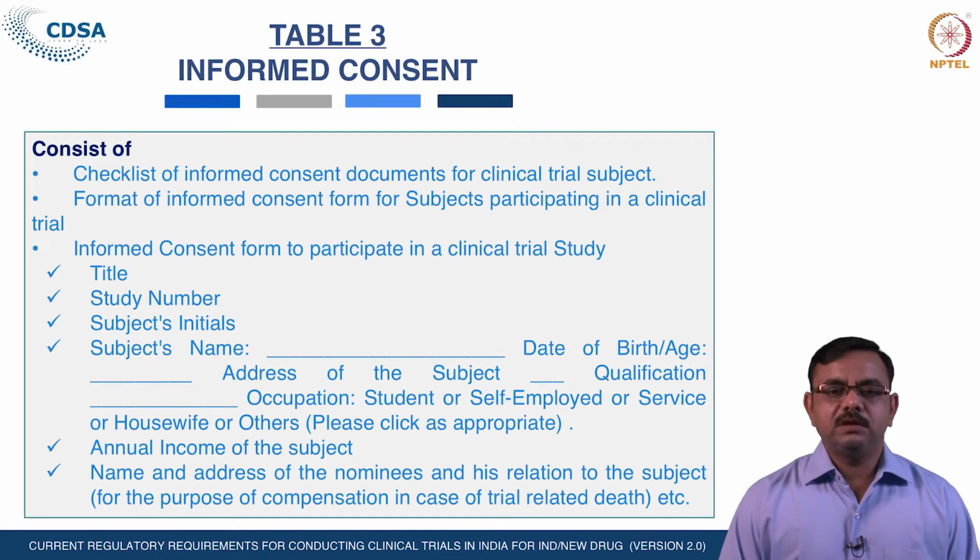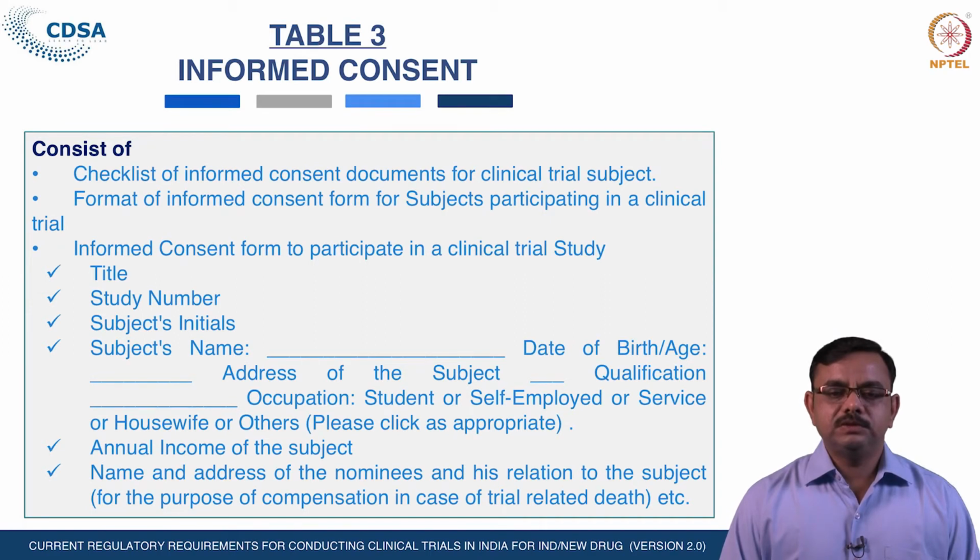Then a description of the procedure to be followed, a description of any reasonably foreseeable risk or discomfort to the subject, and the benefit the subject would likely get are also required. Then disclosure of specific appropriate alternative procedures, in case it is a phase 3 clinical trial or a trial with patients, what alternative procedures they have, is also required to be given.